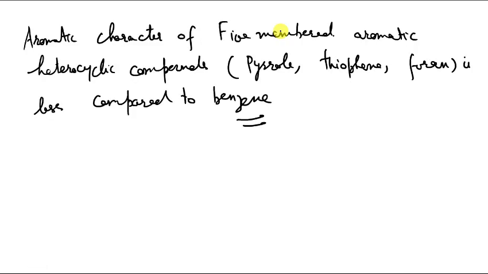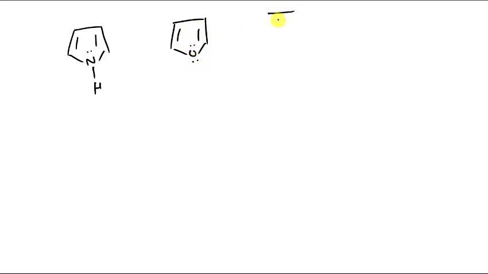Now we have to compare the relative aromaticity of these five membered rings. First I will write their structures. This is pyrrole, this is furan, and this is thiophene.